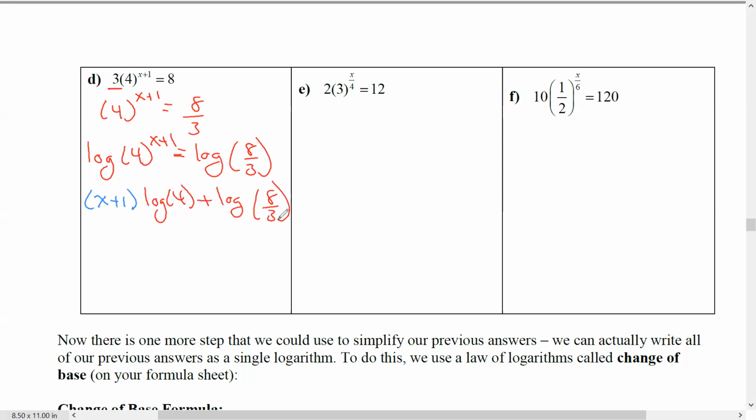Now I'm going to divide both sides by x log 4. And to finish this off, subtract 1.